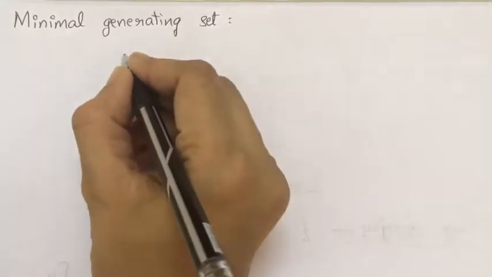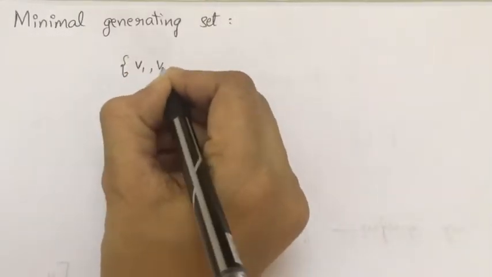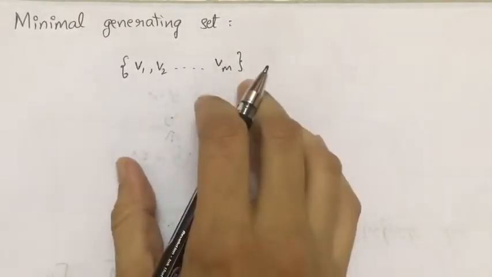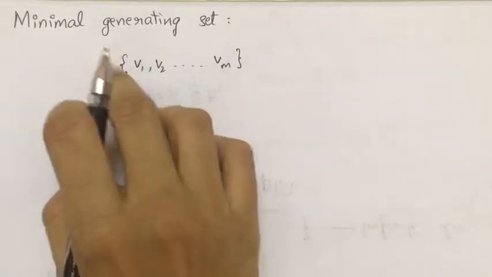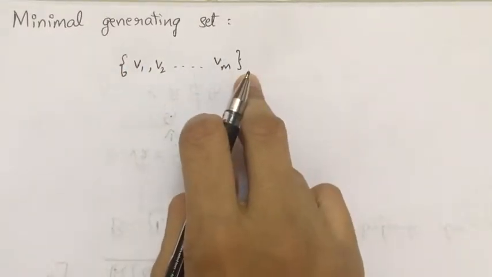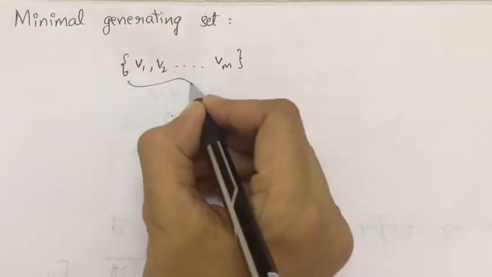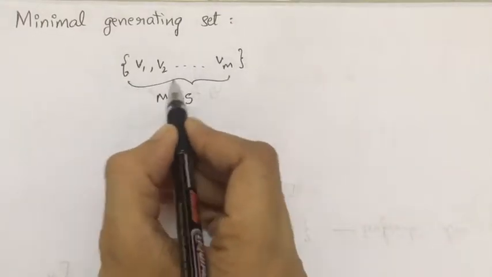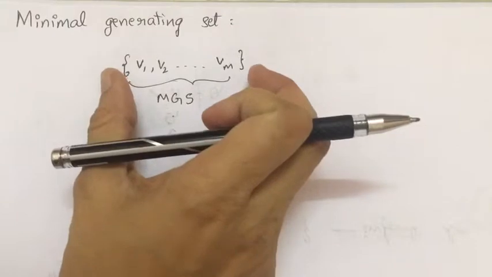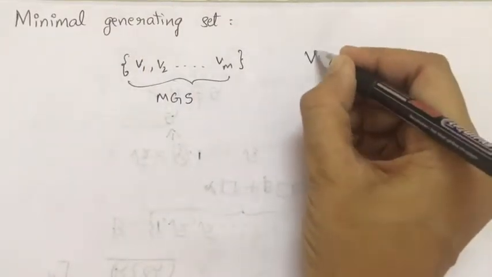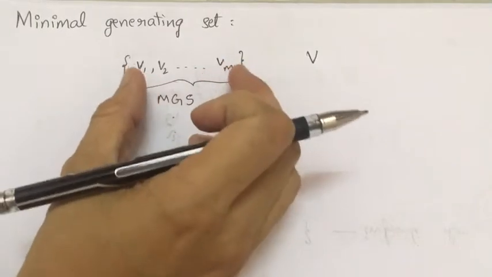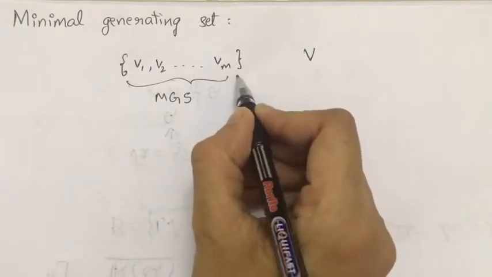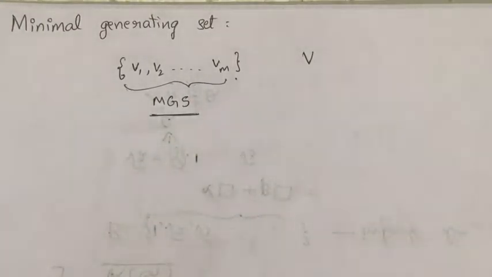Suppose I have a generating set of vectors v1, v2 like that, vm, which is a generating set of V. If no proper subset of this set generates V, then I can call this a minimal generating set.